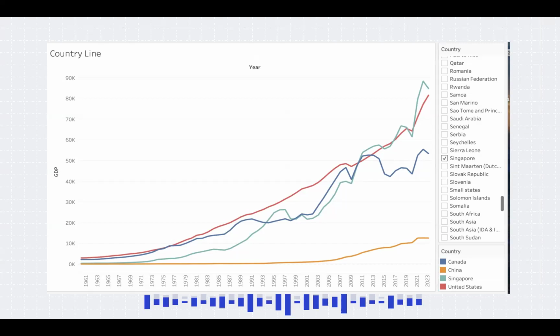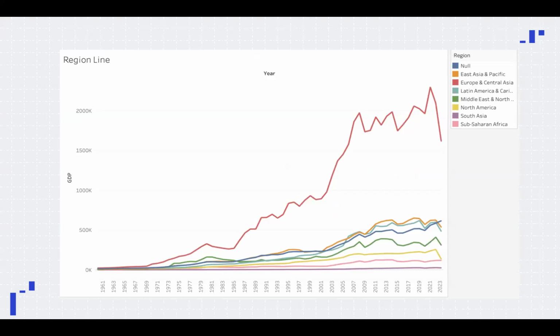Next page, please. This second line chart illustrates the GDP trend across various global regions from 1961 to 2023. North America exhibits the highest GDP levels, with a noticeable acceleration from the late 1990s onwards, underscoring the region's economic dominance. The East Asia and Pacific region shows substantial growth, particularly post-2000, driven largely by China's rapid economic expansion. Europe and Central Asia show steady growth, reflecting the region's developed economies and stable growth rates.